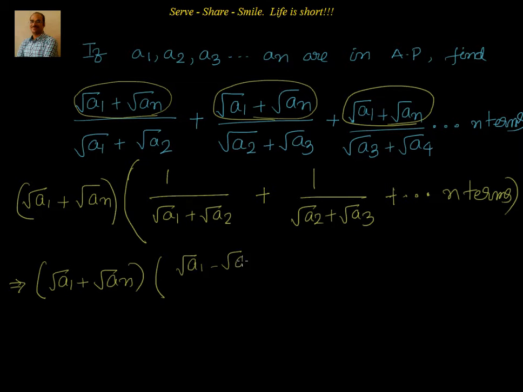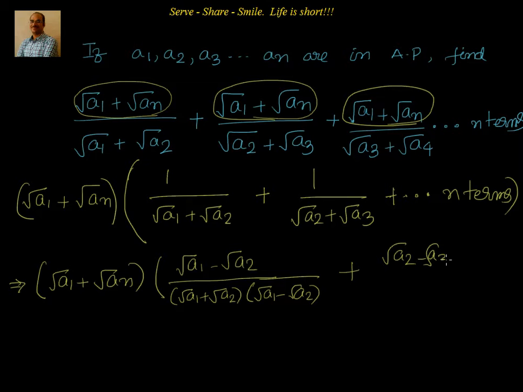So root of a1 minus root of a2 divided by root of a1 plus root of a2 multiplied with root of a1 minus root of a2. Similarly, the next one, root of a2 minus root of a3 divided by root of a2 plus root of a3 multiplied with root of a2 minus root of a3, and this goes on.